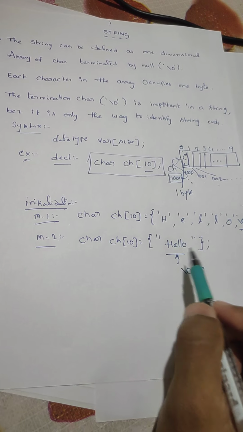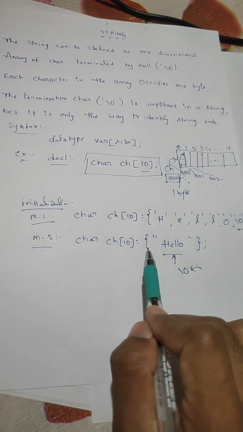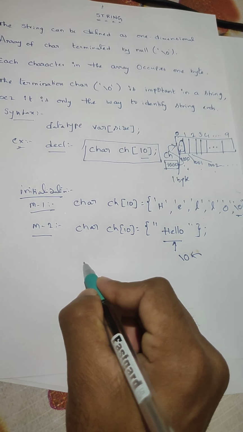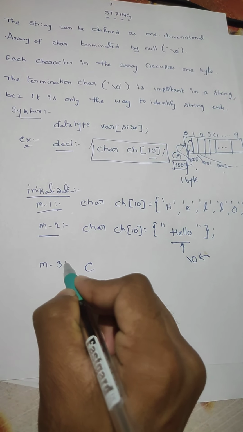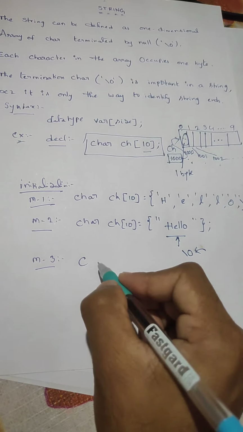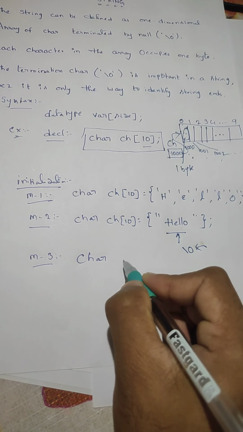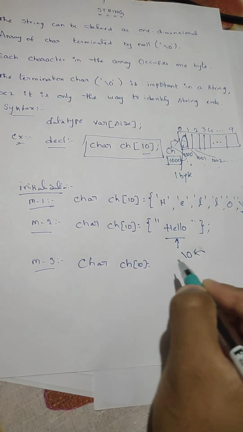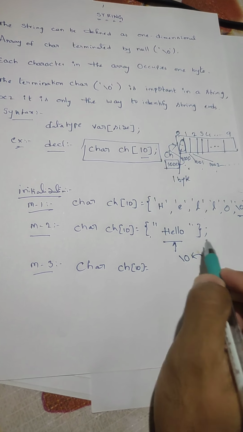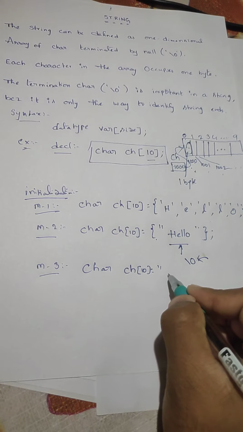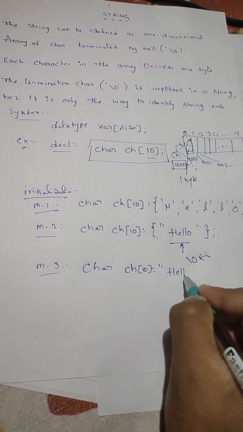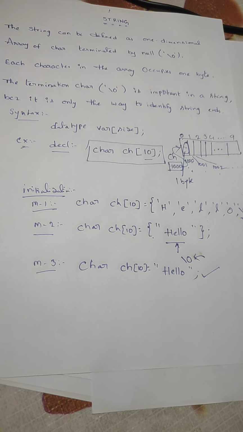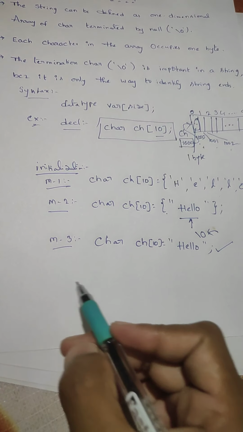So this is method 2. And one more, method 3: char ch of 10 is equal to hello, directly initializing the value without curly braces. This is also acceptable.